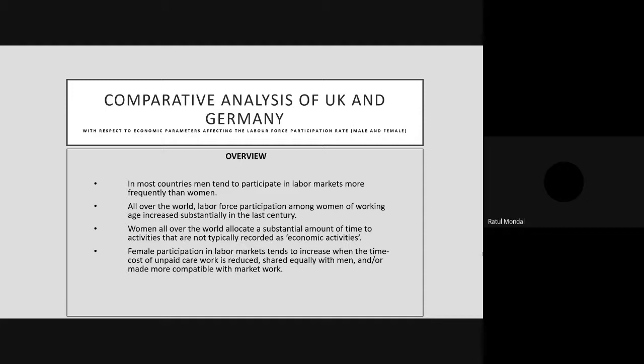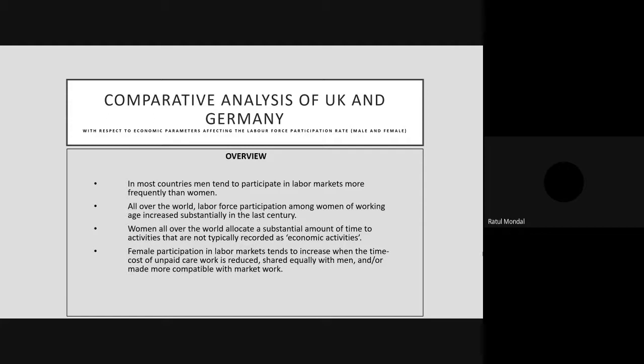Now, a lot of factors affect this. All over the world, labor force participation among women of working class has increased substantially in the last century. The difference was vast, as we will see on the coming slides. The gap has decreased with coming ages, and women all over the world allocate a substantial amount of time to activities that are not typically recorded as economic activities, such as everyday work, household work, babysitting, and stuff like that.